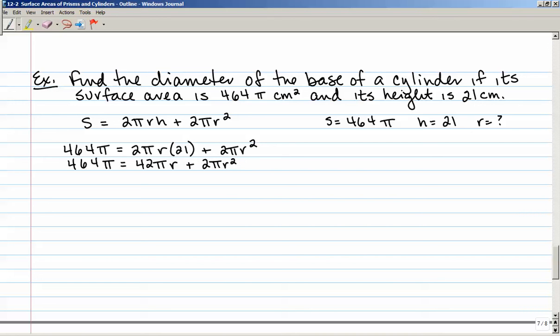Now, remember what I'm trying to find is r, so r is kind of like my x. Notice that this is a quadratic equation because I have an r squared, an r, and a term with no r. So let's see if we can reduce the numbers a little bit here. I'm going to divide everything by 2 pi.